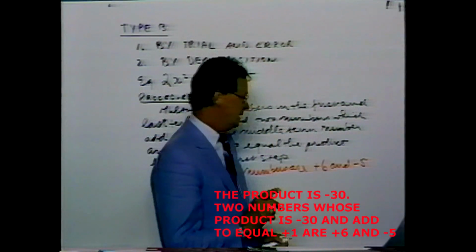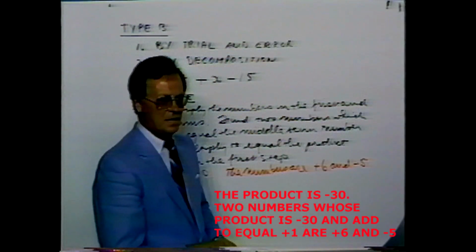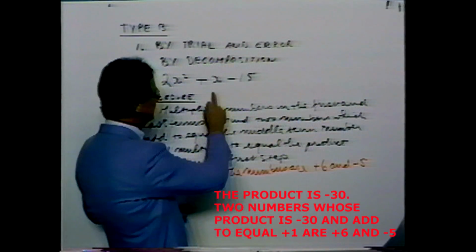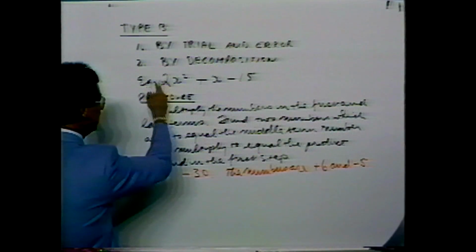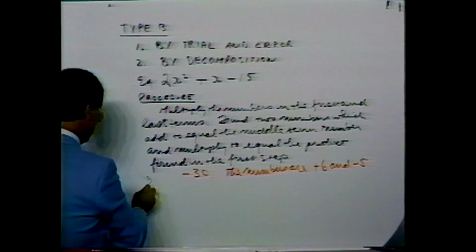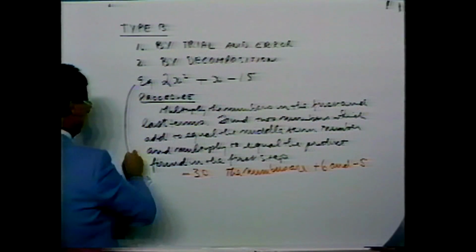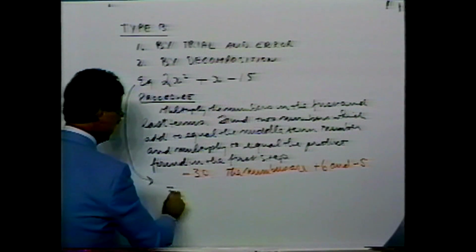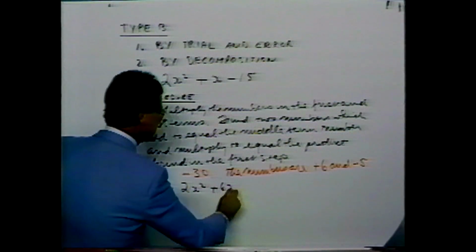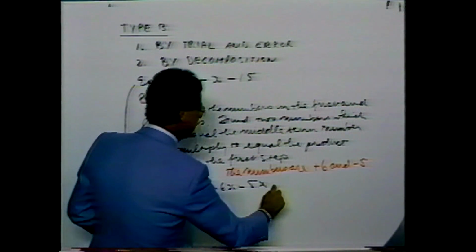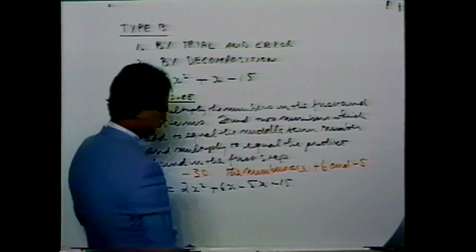Now these two numbers, plus 6 and minus 5, are used to decompose the middle term into two terms as follows. This is equal to 2x squared plus 6x minus 5x minus 15.